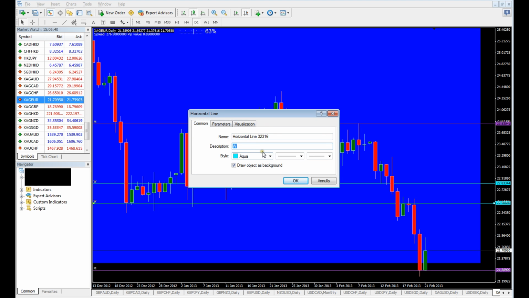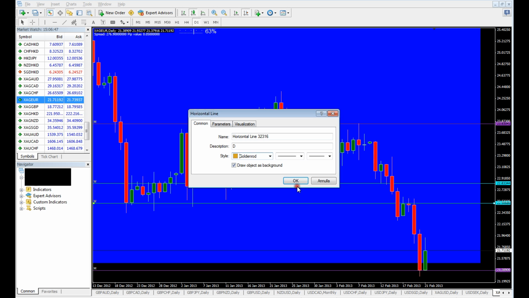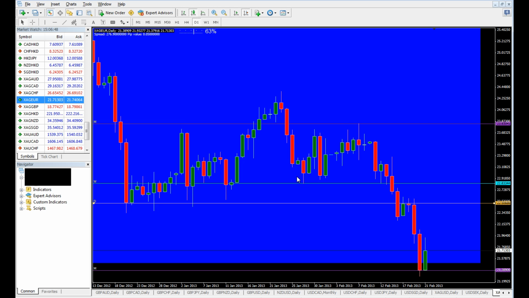I'm going to call it day, and we put it in some kind of orange. Okay, now we can see that price indeed did a retracement, but on a daily level, and daily levels are not to choose because they're not safe.